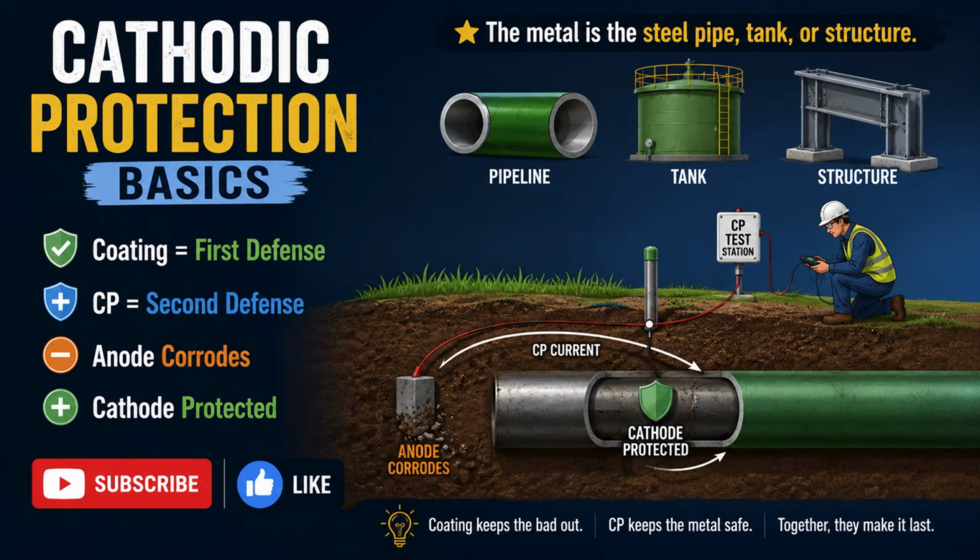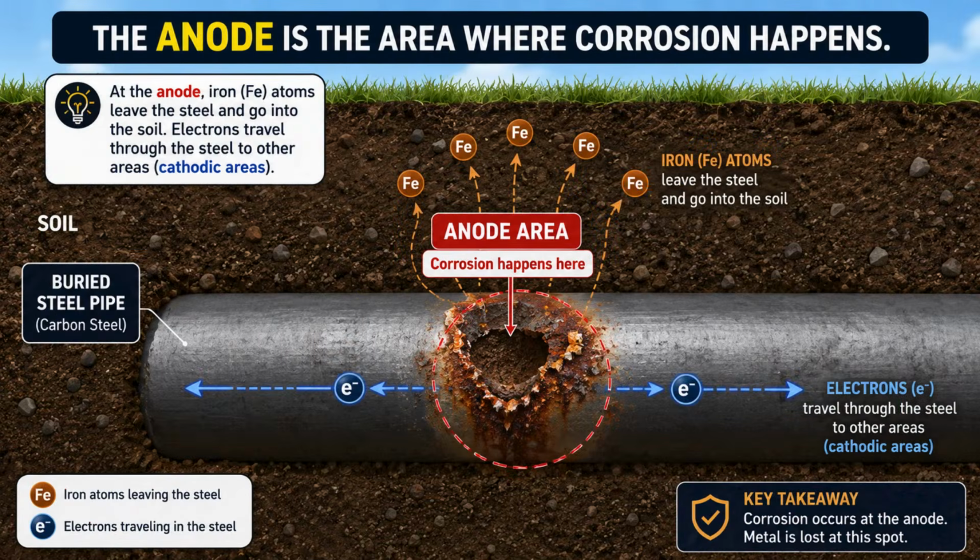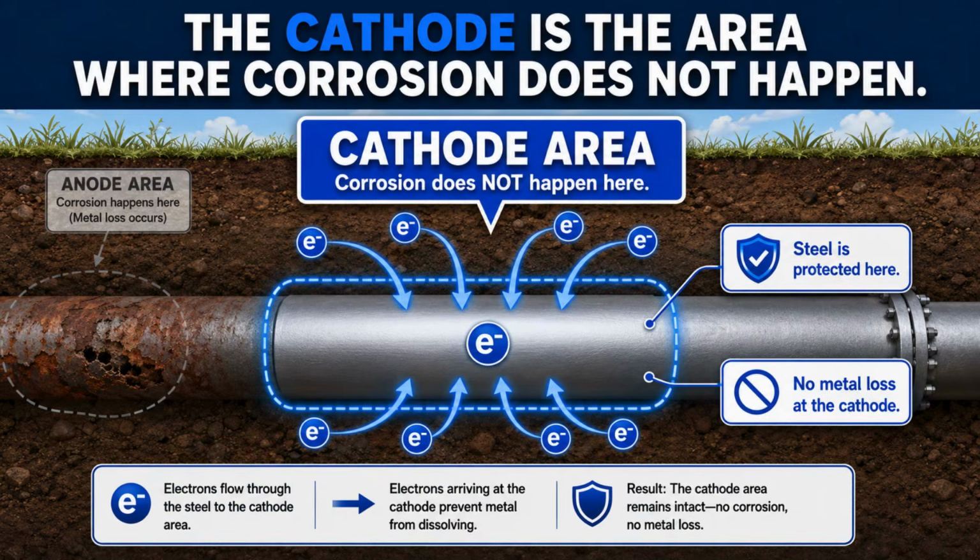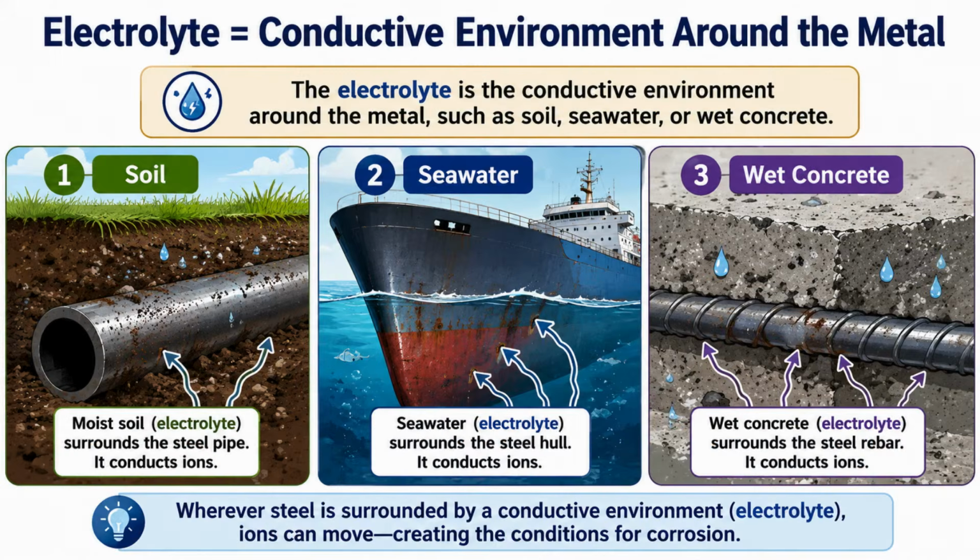The metal is the steel pipe, tank, or structure. The anode is the area where corrosion happens. The cathode is the area where corrosion does not happen. The electrolyte is the conductive environment around the metal, such as soil, seawater, or wet concrete.